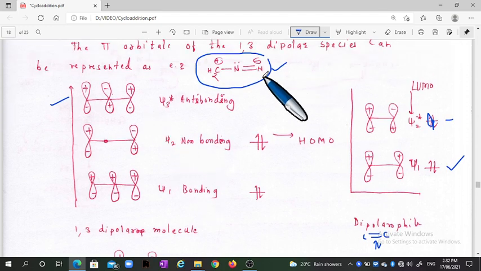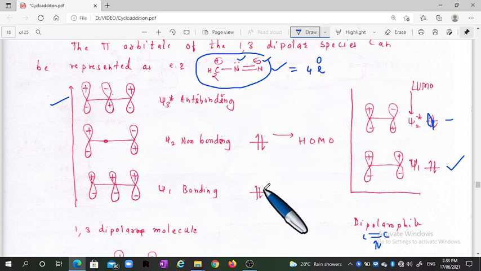In this case we have the two electrons from this and the two electrons of the lone pair. Therefore total 4 electrons are present in this system, and therefore 2 electrons we have filled in the lowermost orbital, and then we have filled the 2 electrons into the psi 2 orbital.